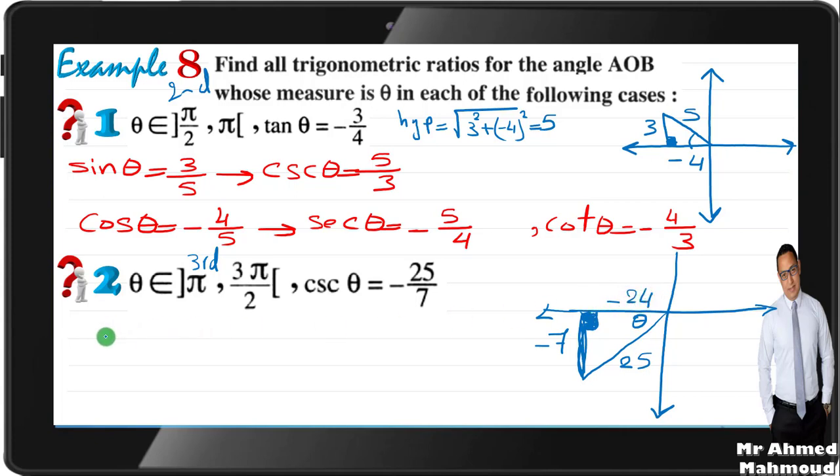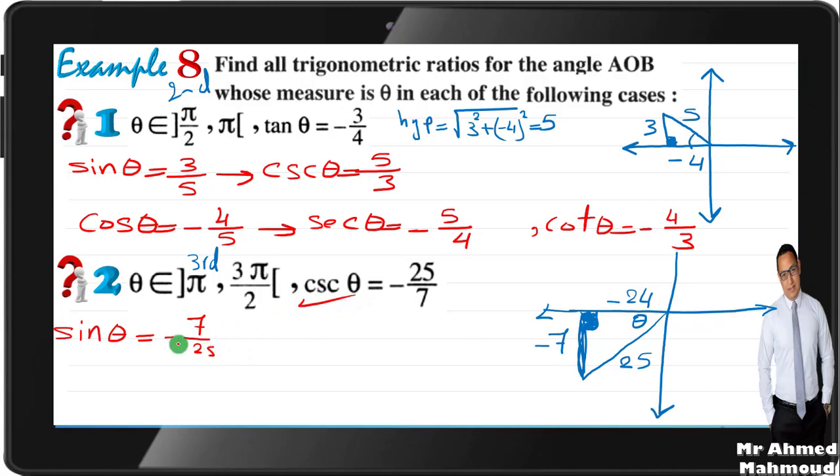Now I can conclude all the functions. Here, sine theta equals opposite over hypotenuse, equals negative 7 over 25.